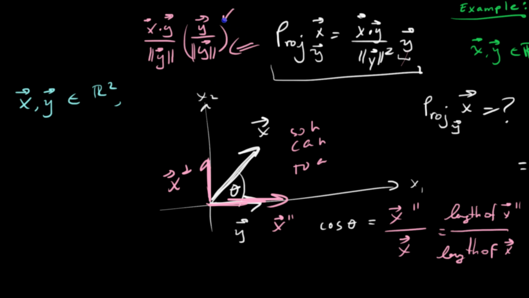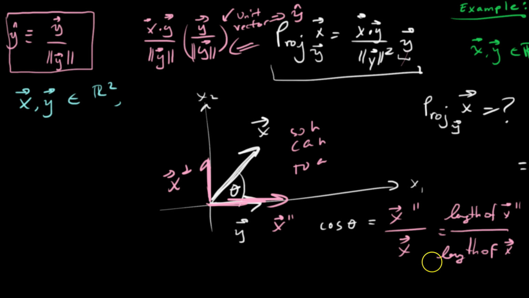But the vector y over the magnitude of itself is called a unit vector, and usually in physics we name it y hat. So y hat is defined to be equal to the vector y over its magnitude. So that's a definition of a unit vector.